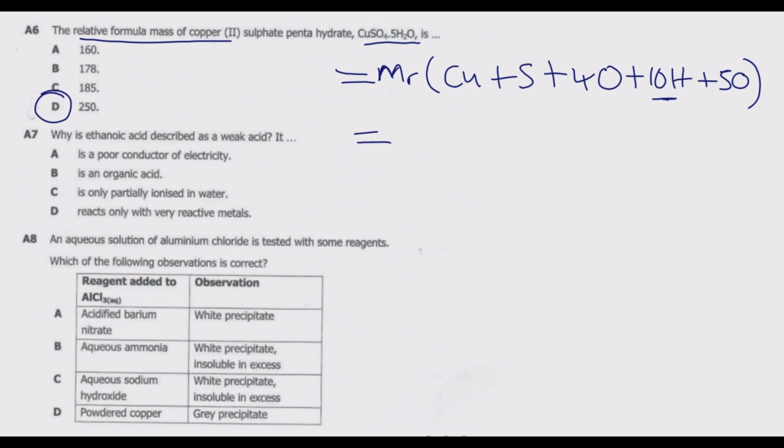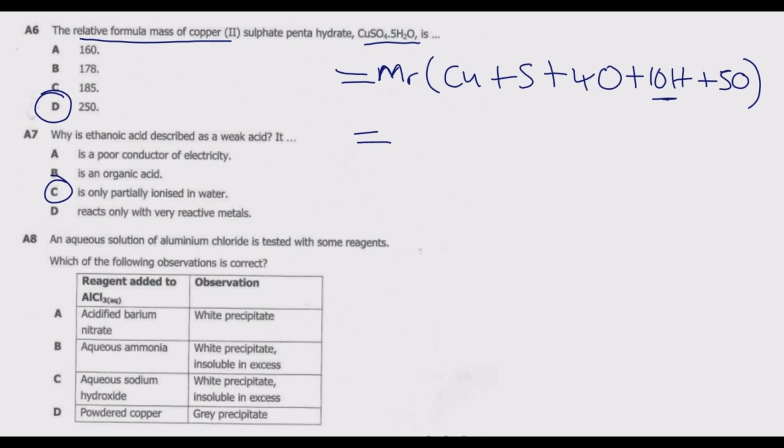So it's described as a weak acid because it partially ionizes in water, which is option C. On the other hand, strong acids are acids that are completely ionized in water to form hydrogen ions. Examples of strong acids are hydrochloric acid, sulfuric acid, and nitric acid. Then weak acids we have ethanoic acid, phosphoric acid, and carbonic acid, in case you are asked those questions.